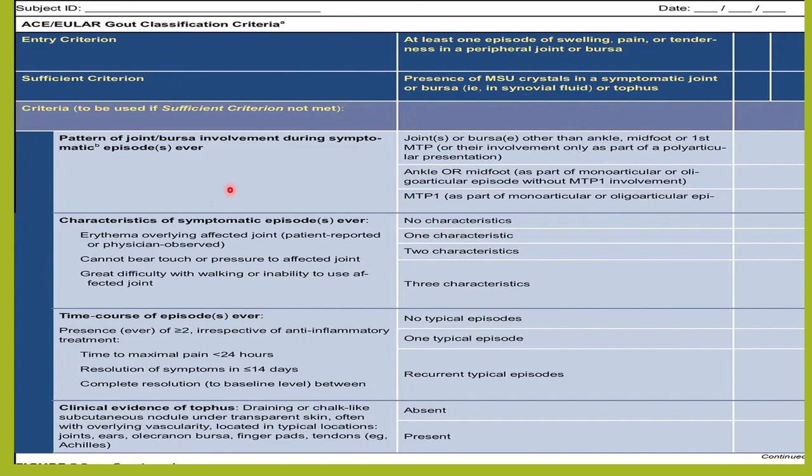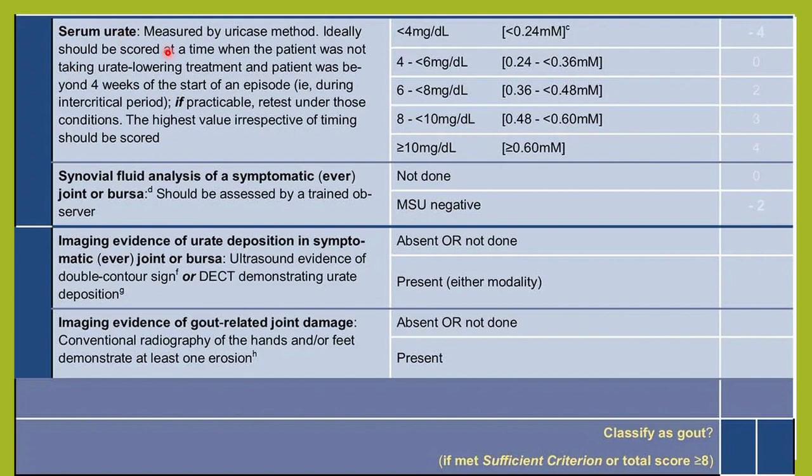Then there are various other criteria which have to be qualified to call it gout. For example, the time course of episodes, the characteristics of the symptoms, the pattern of joint or bursa involvement, clinical evidence of tophi, serum urate levels, synovial fluid analysis, imaging studies, and imaging evidence of gout-related joint damage. All of these are taken into consideration.